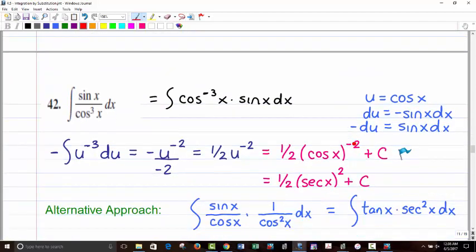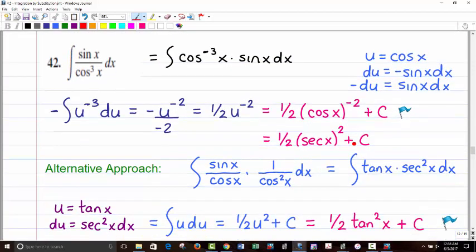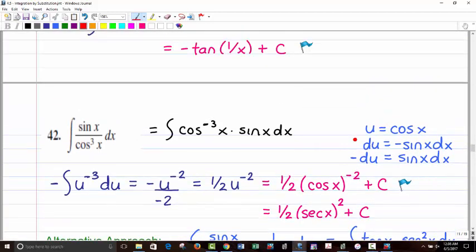Let's take a look at this one. All right, so we have sine of x divided by cosine cubed. Now this one's kind of interesting. Let me say first, of course, I'm bringing the cosine cubed up and making it cosine to the negative 3.